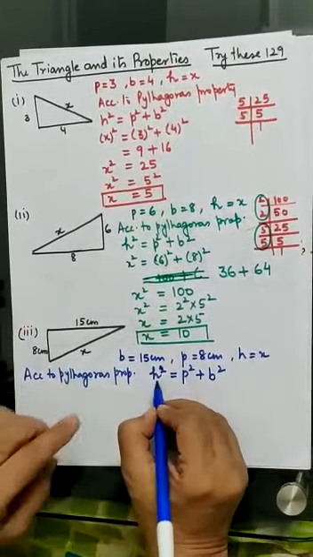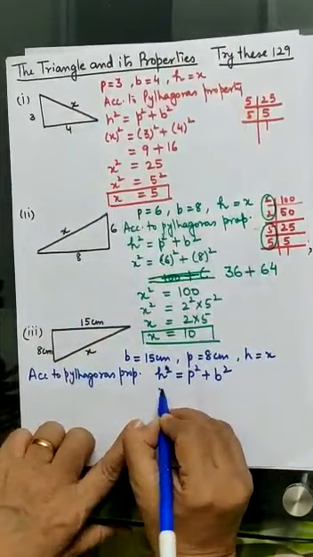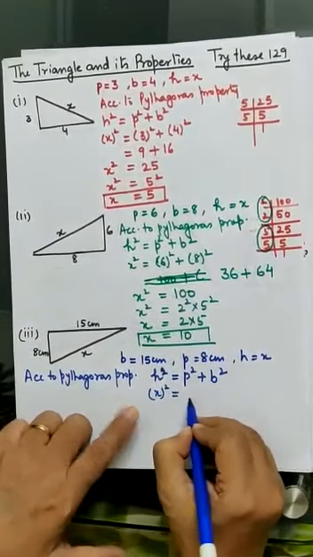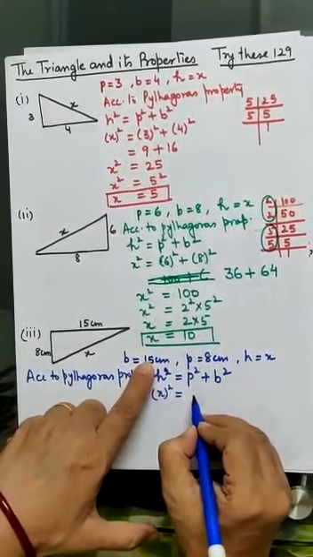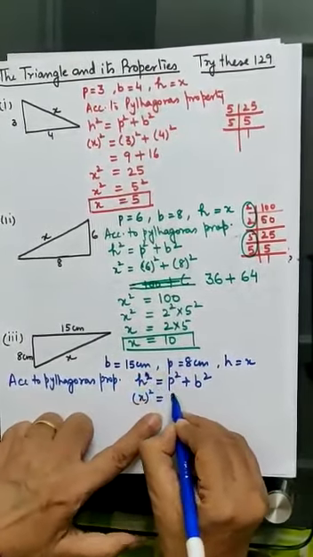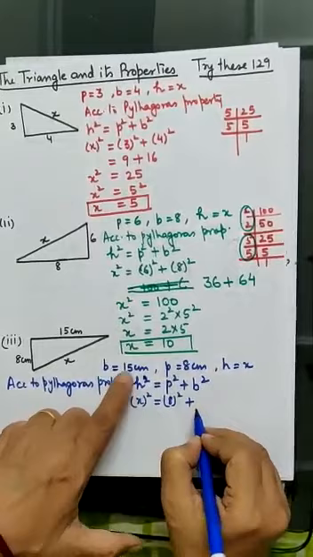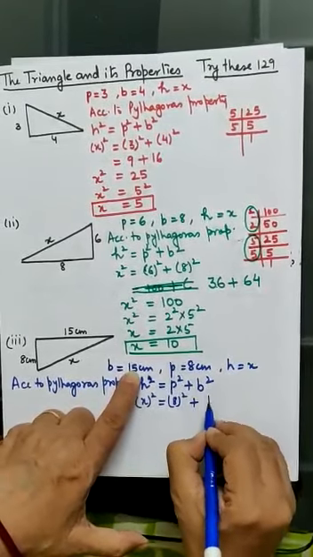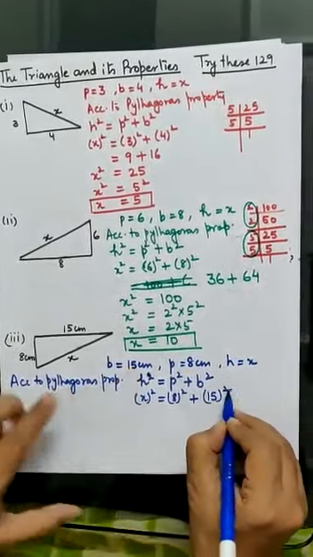Now what is h square here? That is h is x, so this becomes x square, and p is 8, so p square will be 8 square. B is 15, b square will be 15 square.